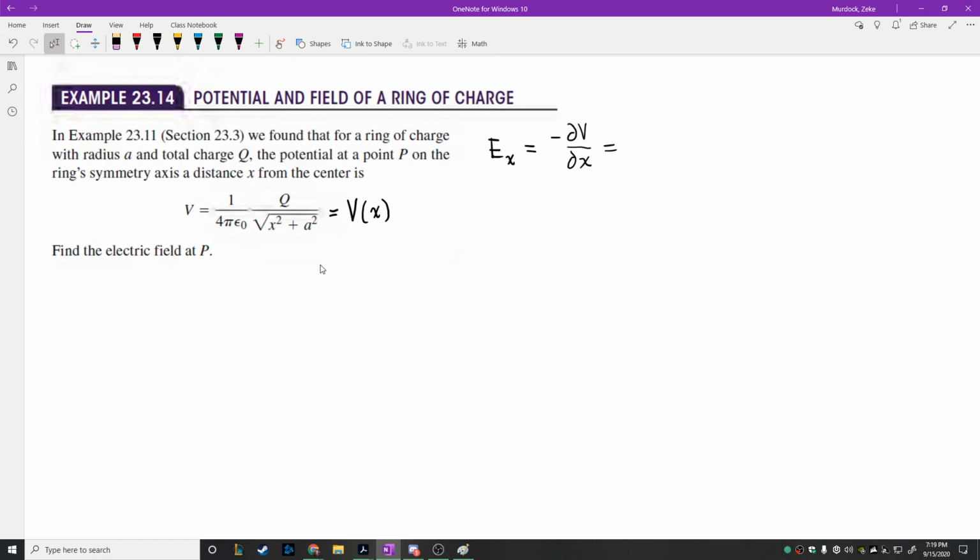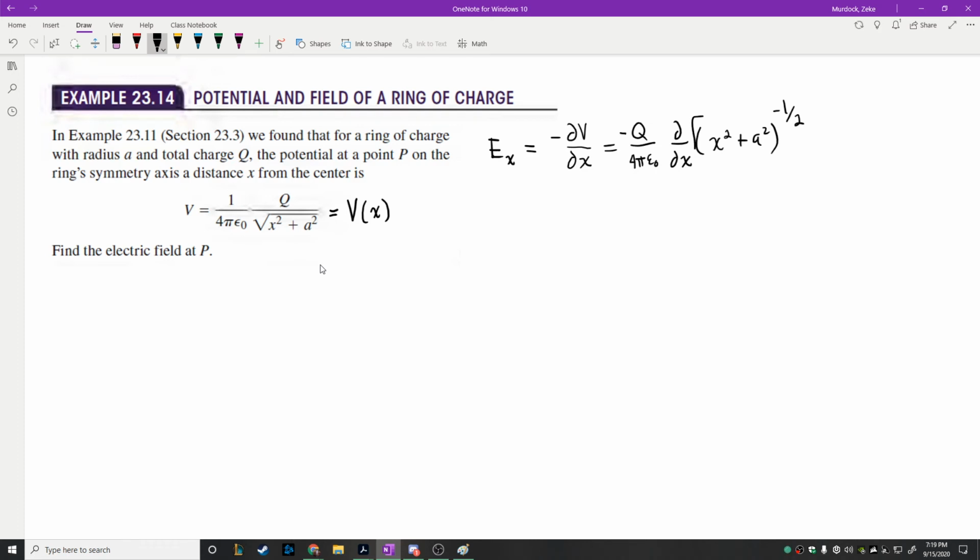Do I need to rewrite the equation? So what's the derivative of this equation going to be? Well, the Q and the 4 pi epsilon naught are not going to change, right? So I'm really just taking the partial derivative, and there's a negative sign, don't forget that, of, I prefer to write it like (x squared plus a squared) to the negative 1/2 power.